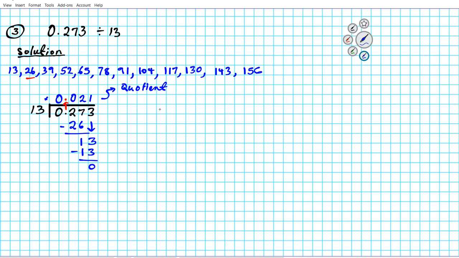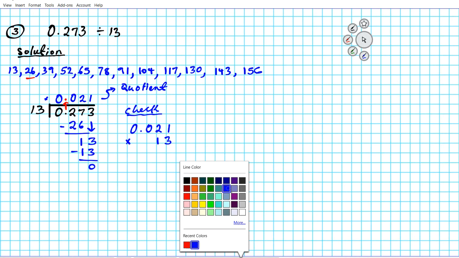Let's go ahead and check to see if our answer is in fact correct. So multiply the quotient 0.021 by the divisor, which is 13. And let's see what we get here.